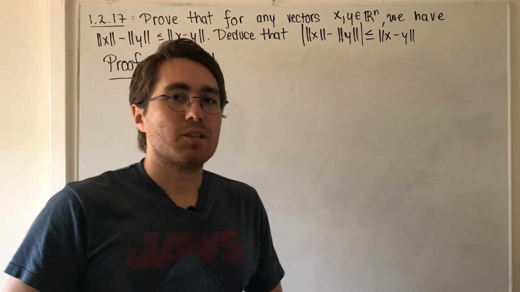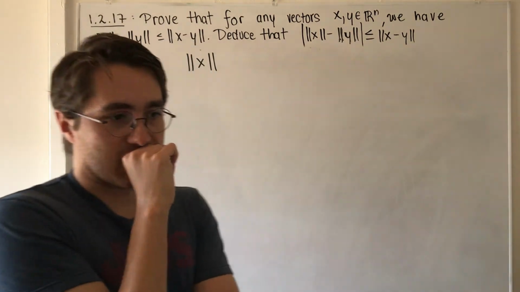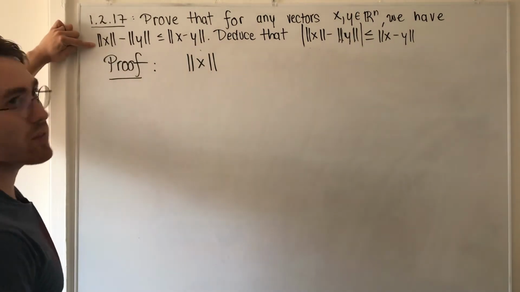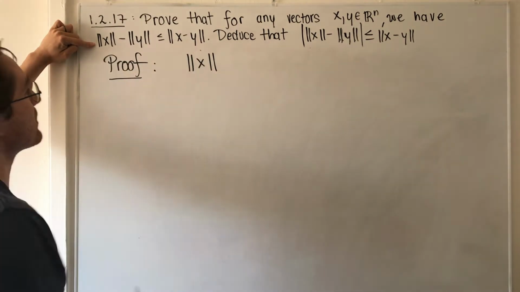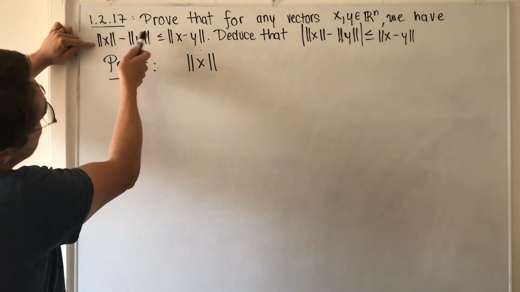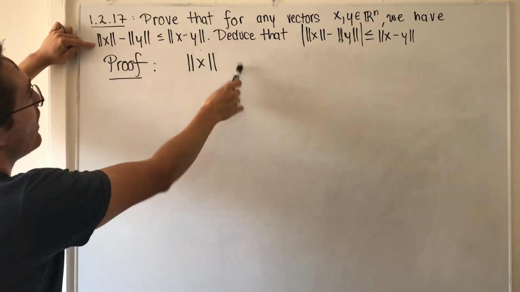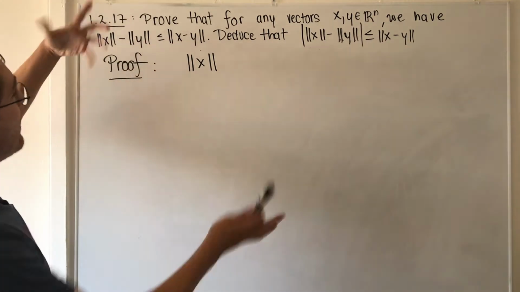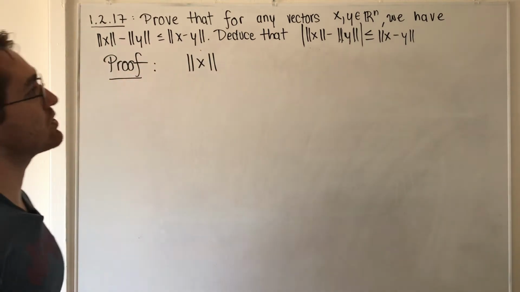I claim this is a pretty good place to start because I've got this part of the inequality so far. Somehow if I can get some norm of y on this side, and then have that relate to this, I'll be good to go.